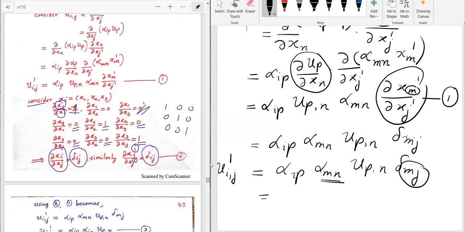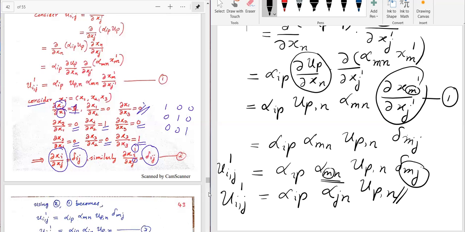There's nowhere j here, so I have m and there is m here. So alpha ip as it is, this delta mj acting on alpha mn, in the place of m we get j. So alpha jn, u p comma n. What is our LHS? LHS is Ui comma j dash, equal to this much.